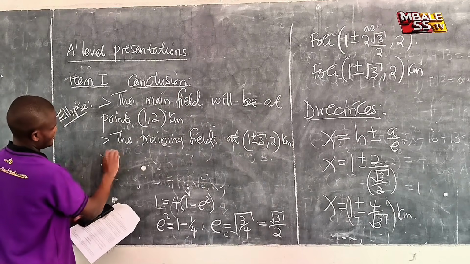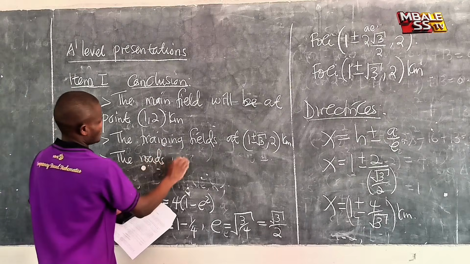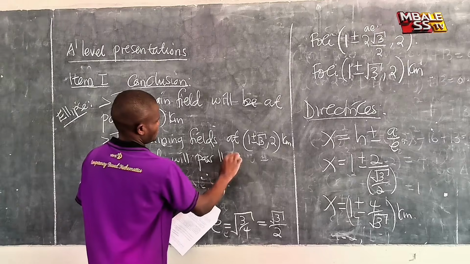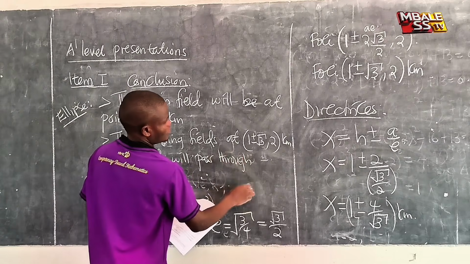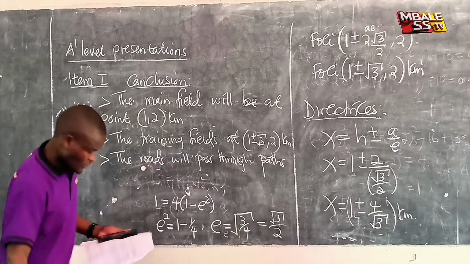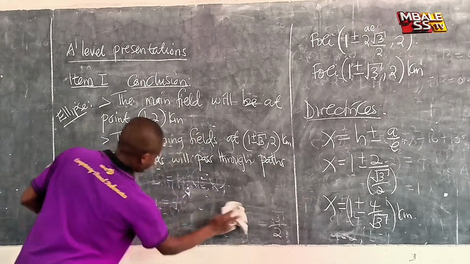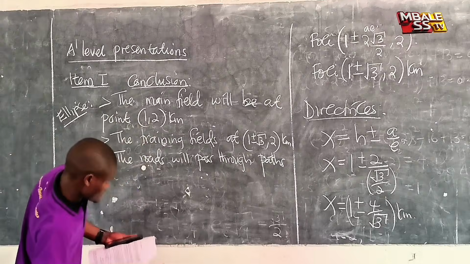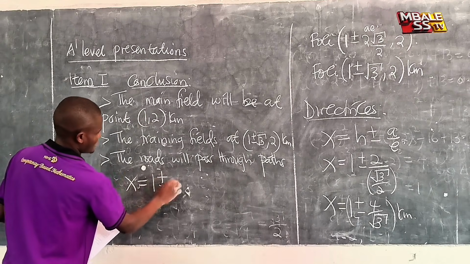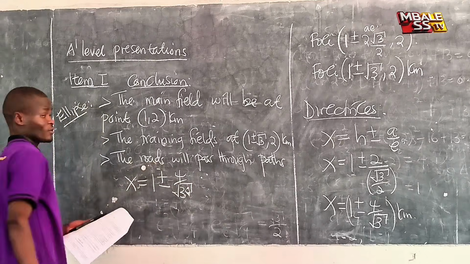And then lastly, the roads will pass through paths represented with the equation we have calculated, which are the other side. And that is x equals 1 plus or minus 4 divided by root 3, all measured in kilometers.